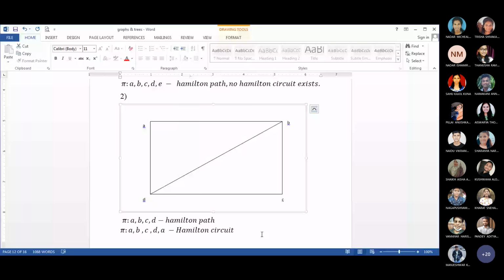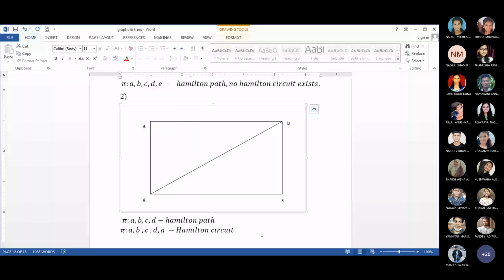How many edges do you have? 5 edges, right? Edges are 5. So we have a graph on 4 vertices and 5 edges.